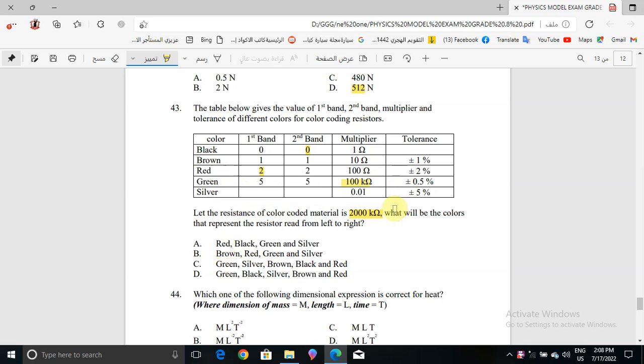So that means the correct answer here will be red, black, green and silver.